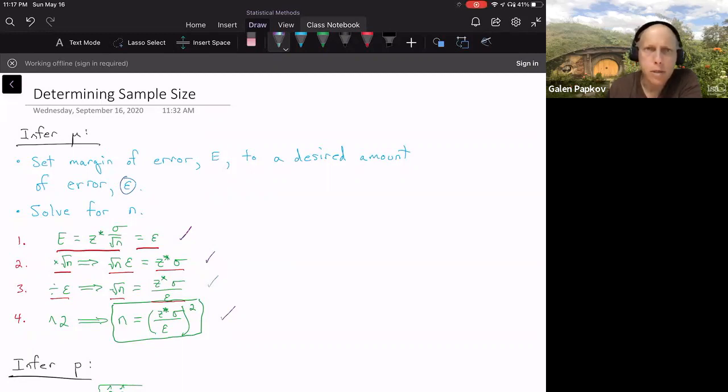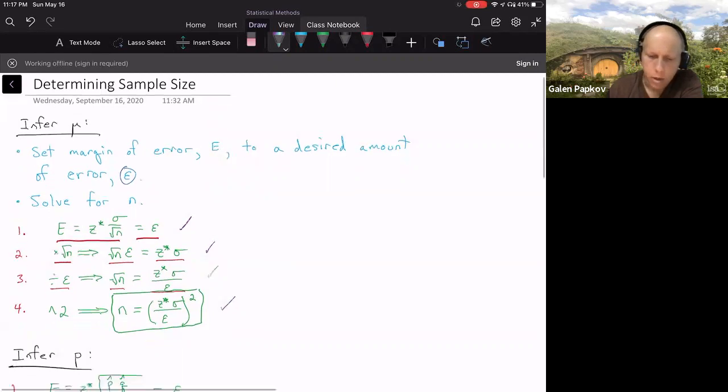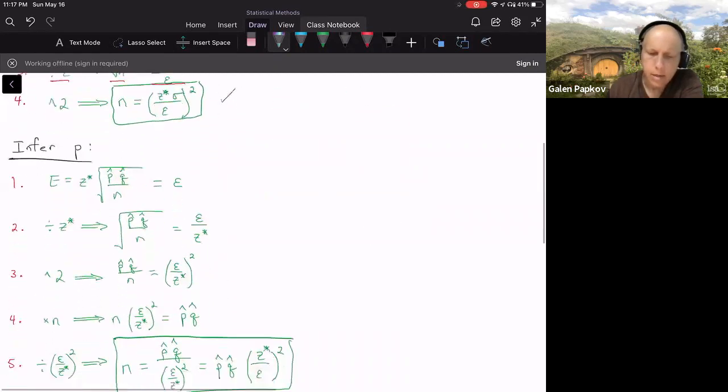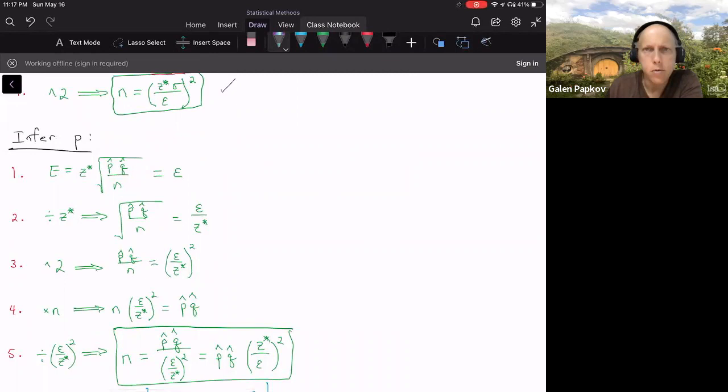What about if we want to make an inference about p? The reasoning is the same. Set the margin of error equal to some desired amount, which I'm calling epsilon for general. Then divide by z star first. That's what I'd recommend. Then I would say square both sides to get rid of the square root.